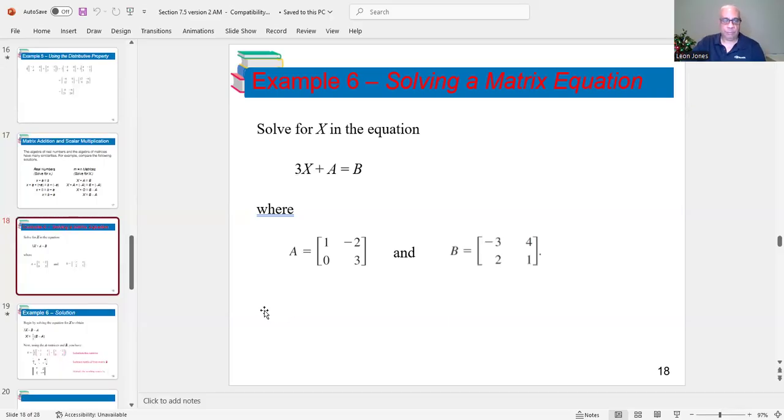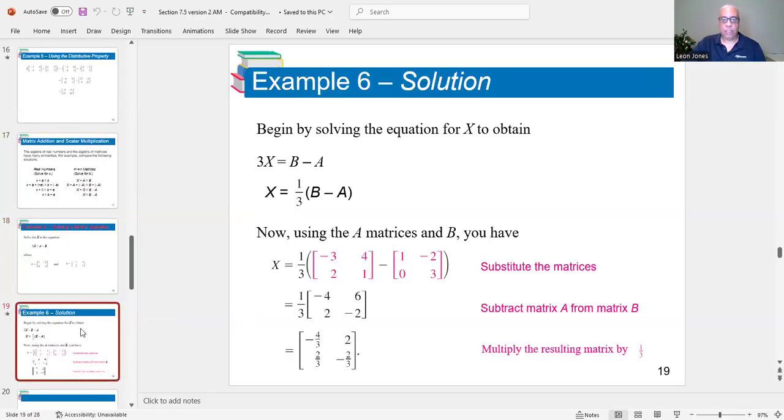Same thing. Now here's the solution. Now they use 1/3, but here's what you do. To find X, you already have matrix A and matrix B. You divide everything by 3.